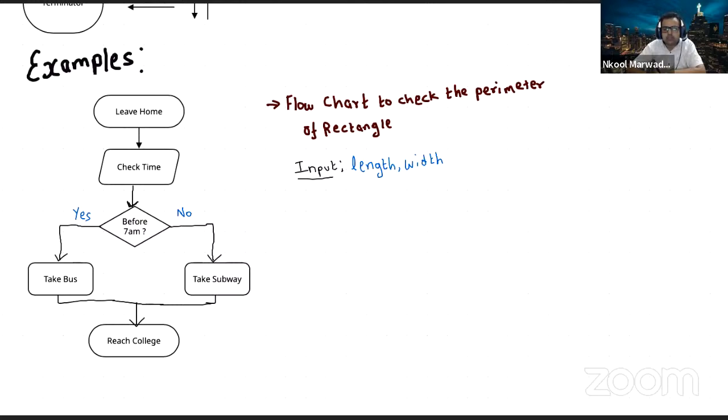Then we will be doing the processing. In processing, the logic will be the formula to calculate the perimeter of the rectangle. And what is the formula to calculate the perimeter of the rectangle? Perimeter equals 2 into (L plus B).